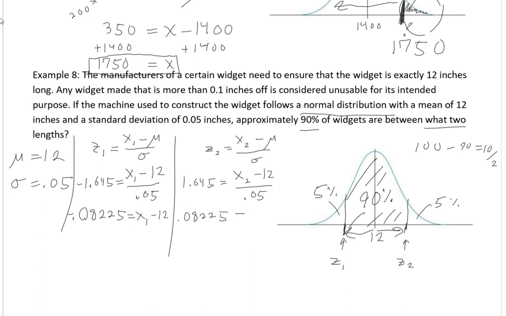We found each of those. And then for each, I am then going to add 12 to get x by itself. So if I add 12 to the negative version of this, 0.08225, I get that x1 is 11.91775.